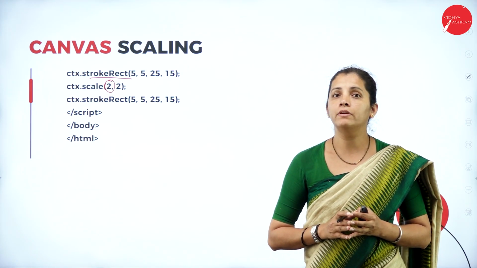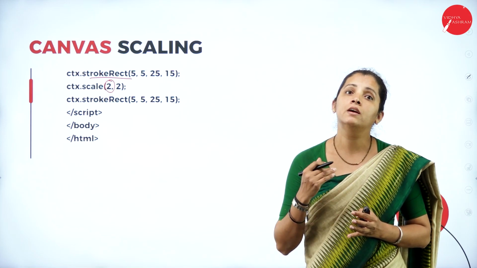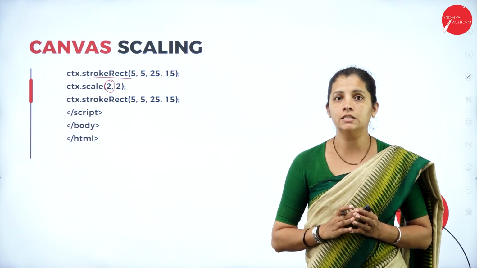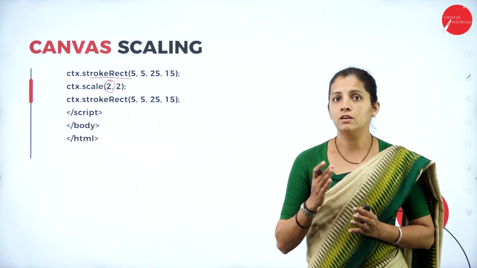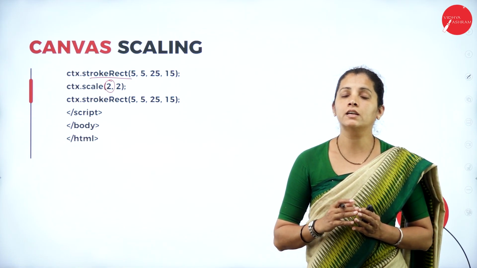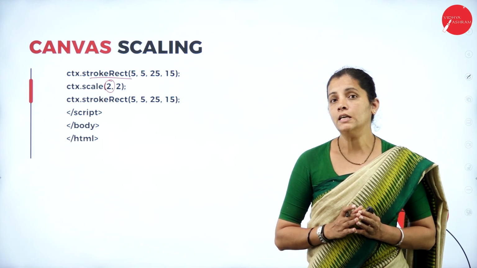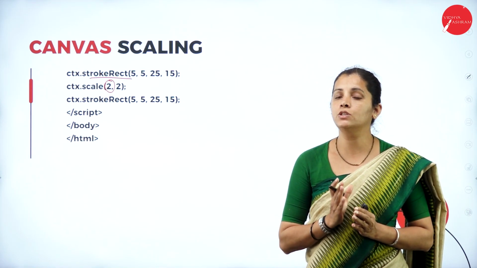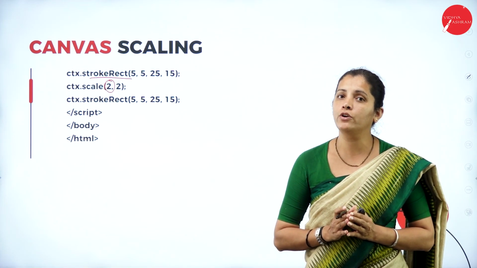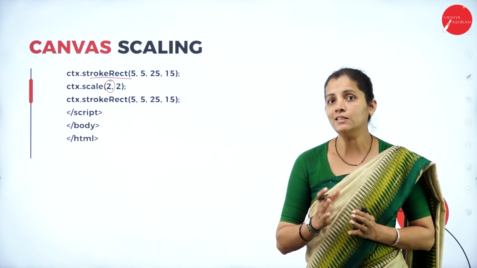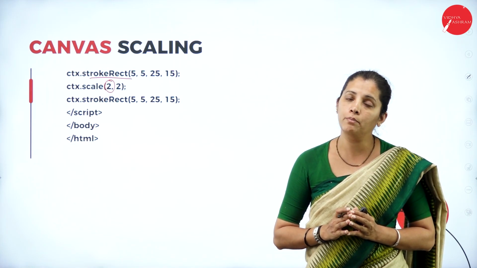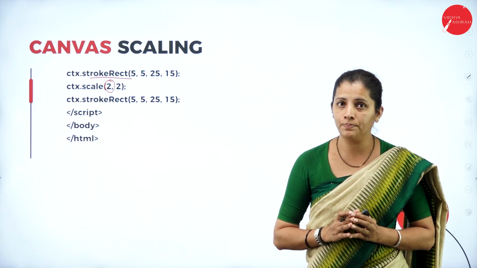Along with that, we discussed properties like image, gradients, text, font, transforms, scaling and rotation. From the examination point of view, rotation, scaling and transforms are very, very important concepts.